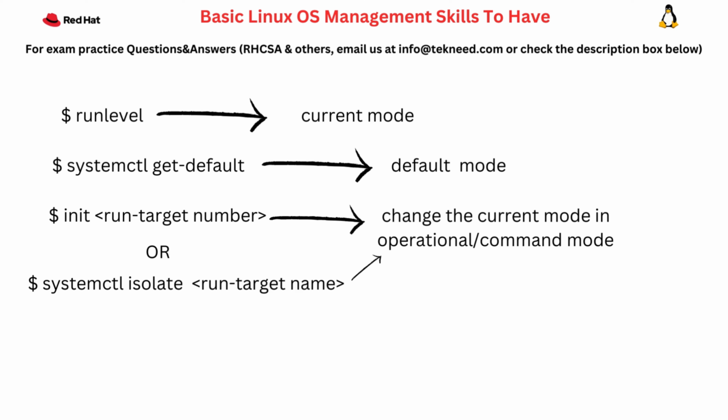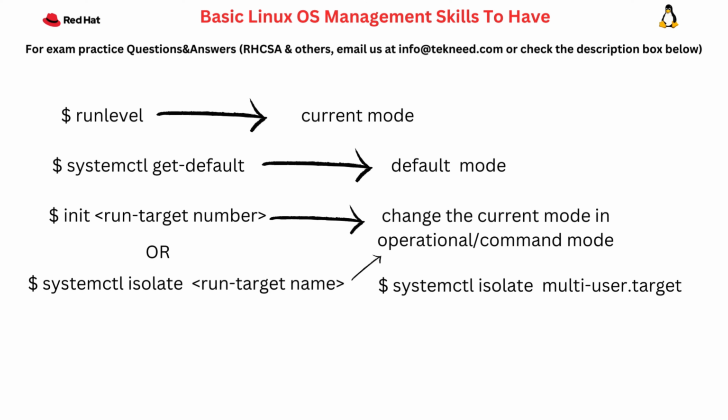So for example, if the run level name is multi-user.target, to change to multi-user.target mode, you can use the command systemctl isolate multi-user.target. We're going to see how to do all of these in the action time section.